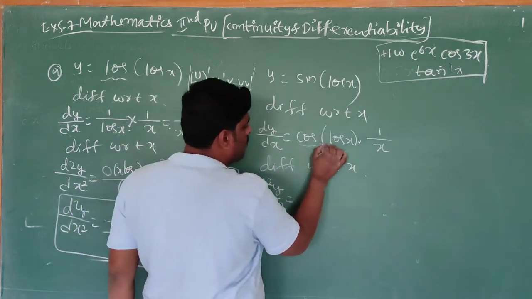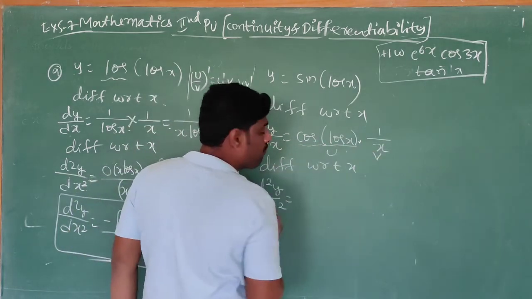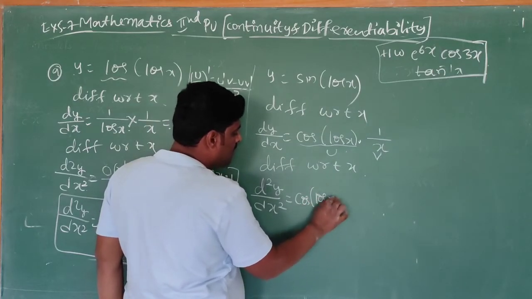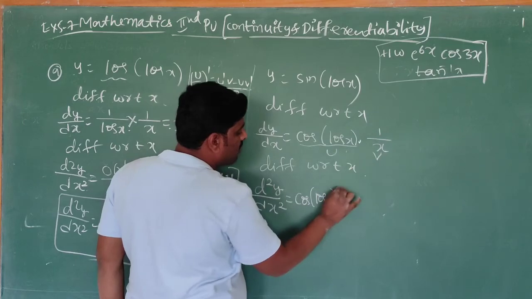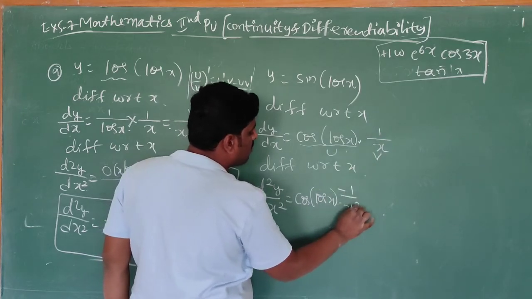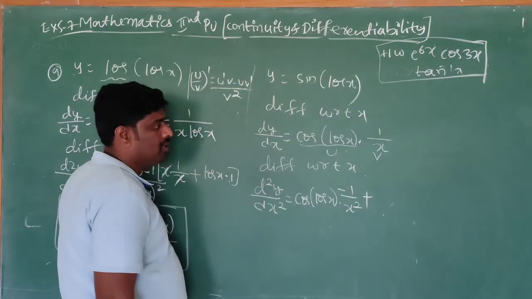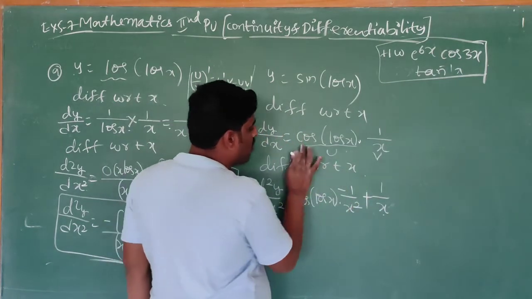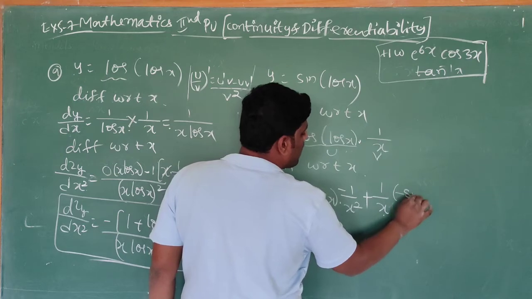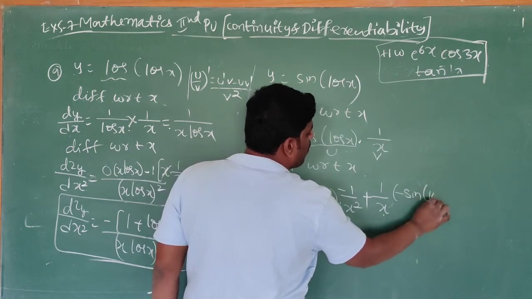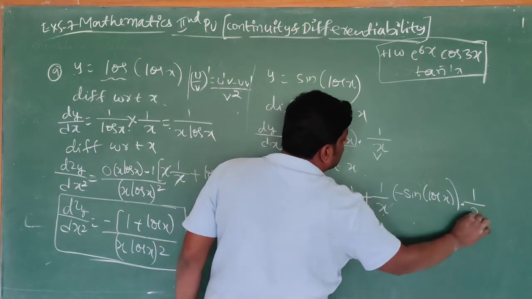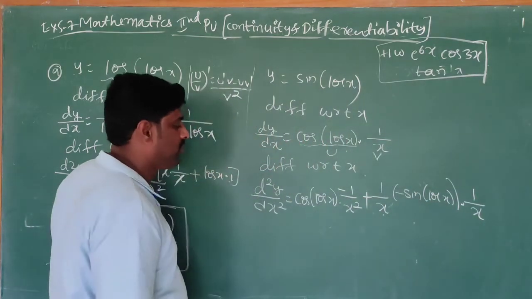So now it is of the form uv. Cos of log x as it is, 1 by x differentiation is minus 1 by x square, plus 1 by x into cos differentiation is minus sin of log x into log x differentiation is 1 by x.